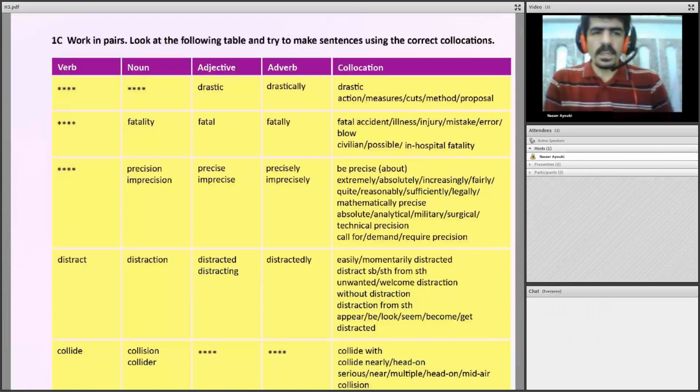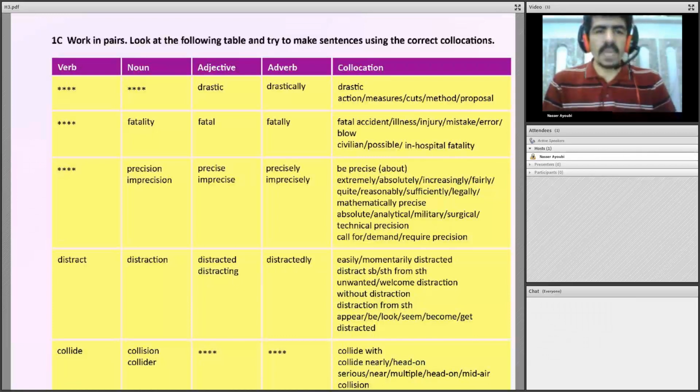Next one is fatality. Fatality, noun. Fatality means death in an accident or attack. It's a noun, a countable noun. The adjective form is fatal. Please note the difference in pronunciation between the noun and adjective forms.